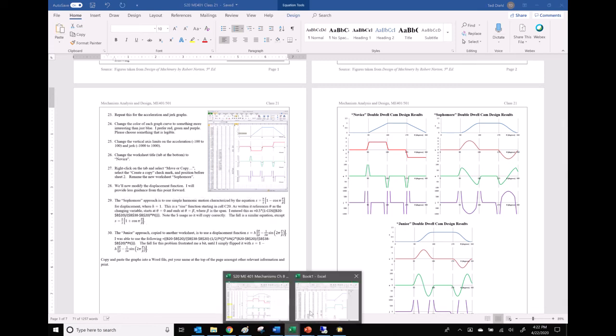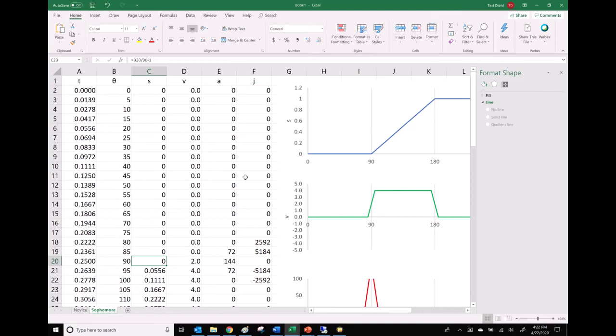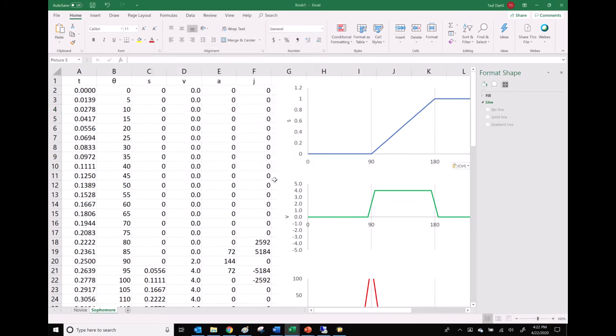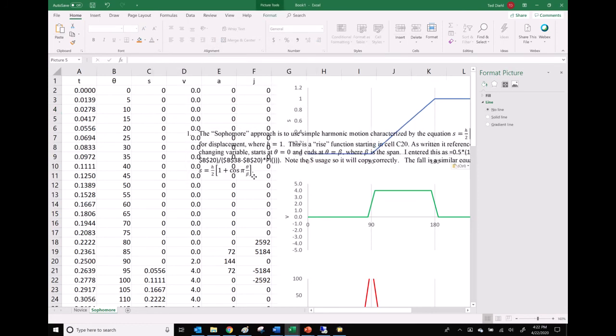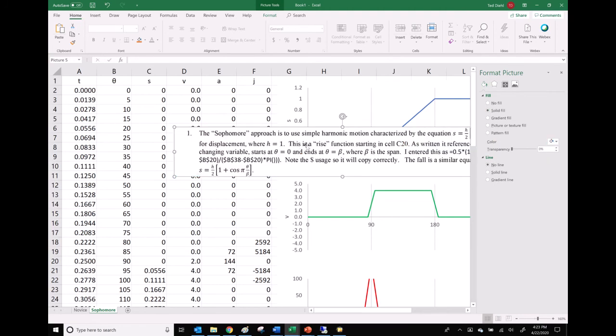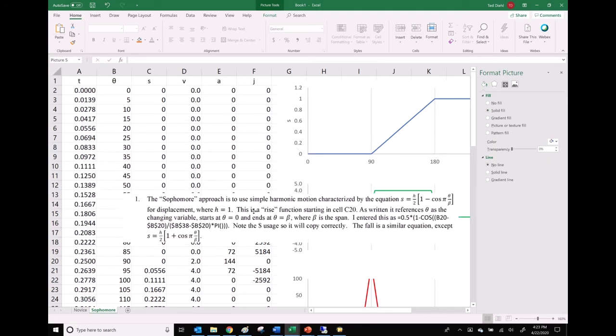I grab that piece of text right here, and if I want to bring it in here and see it, I can go to paste special and paste it as an enhanced picture, and so you can actually see what the text looks like. Unfortunately, the fill things get in the way, so I usually have to do a solid fill and turn it to white. But now you can read what this thing has to say.